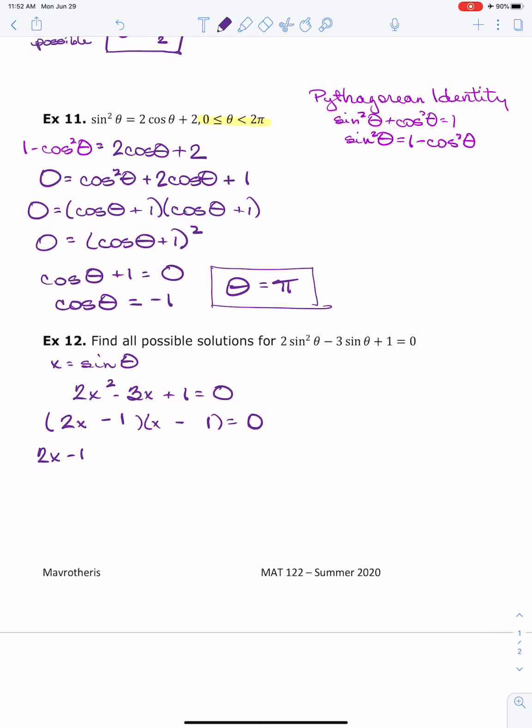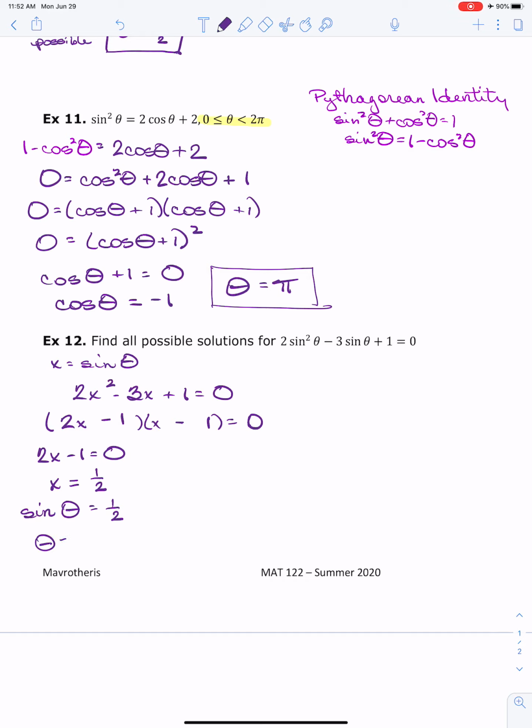So I've got 2x minus 1 equals 0. That means that x would have to equal positive 1/2. Replace that with our sine theta equals positive 1/2. And sine of theta is positive 1/2 in the first and second quadrant.